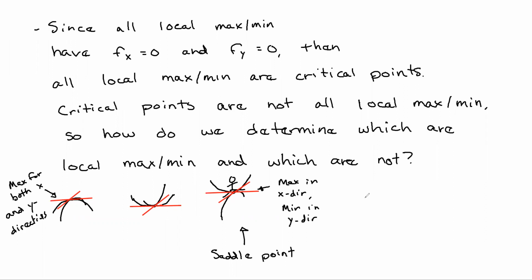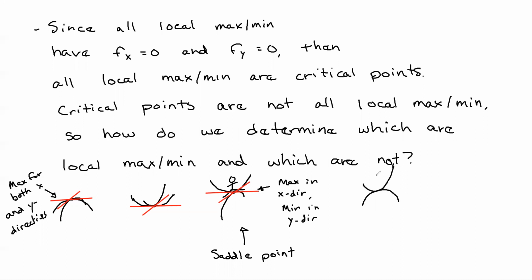All right, so you could have a max in the y direction, so that would look like this, and then you could have a min in the x direction, which would look like this. Again, I'm trying to represent the x direction by having the tops here be parallel to the x-axis. Okay, and so this is another type of saddle point.